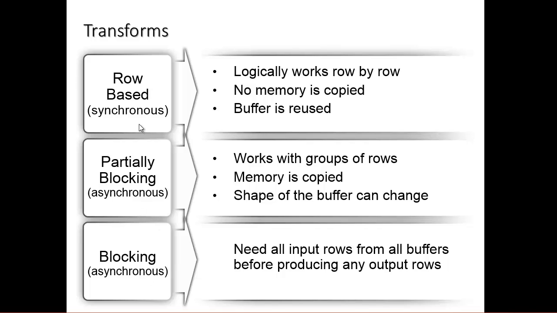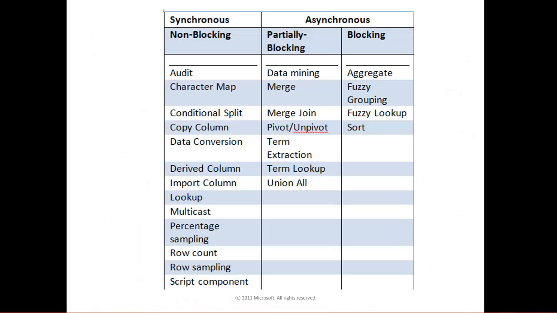In synchronous, the buffers can flow through as they arrive and are processed logically as they come. In asynchronous transformations, the rows are not processed as they come in, but all the rows need to be spooled into that transform and then operated on together. Okay? Those are the major ways you need to start thinking about processing data in Integration Services.